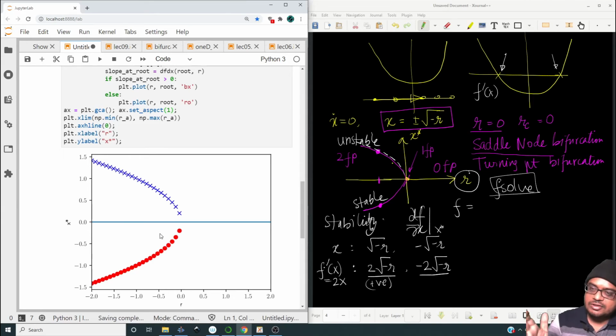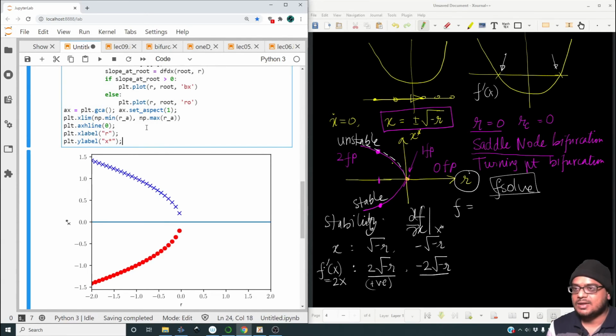So as we are changing the value of r from left to right, we are going from a pair of roots, one unstable, one stable. We are reaching the critical value of r at 0, after which we have no more stable or unstable points. Okay, everything vanishes. There are no fixed points in fact.